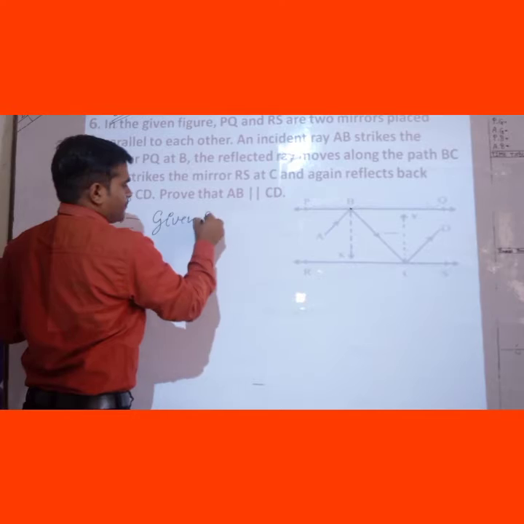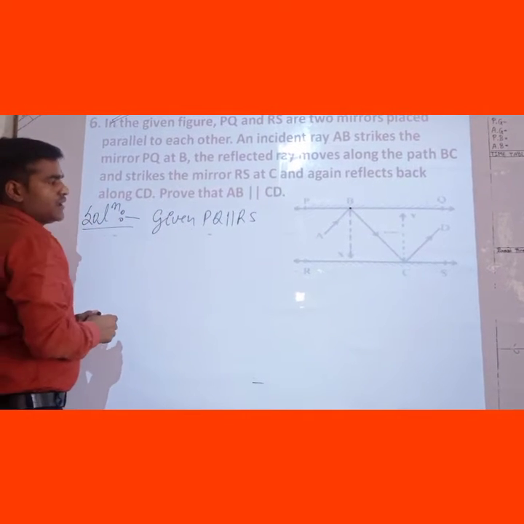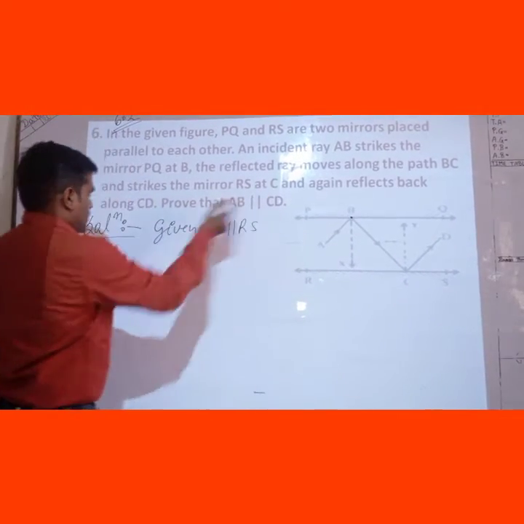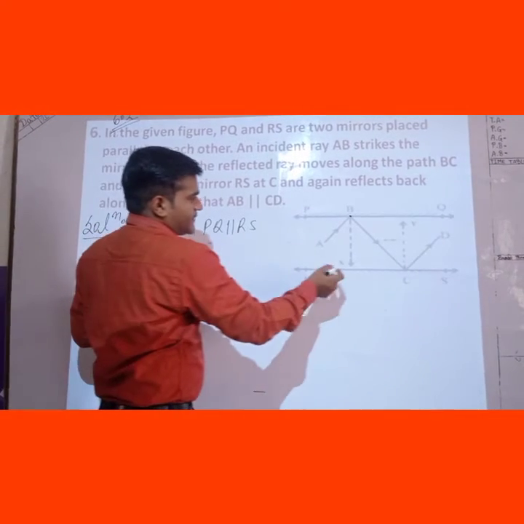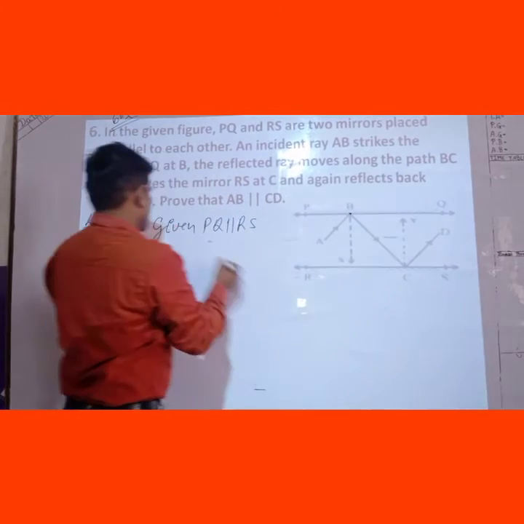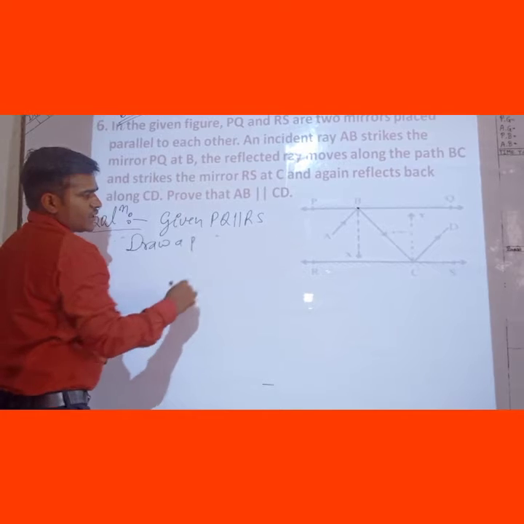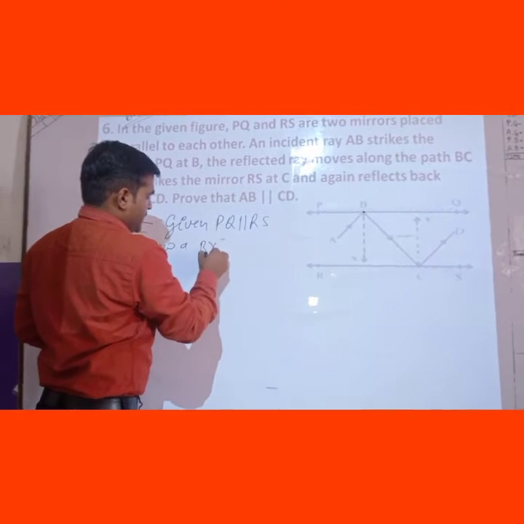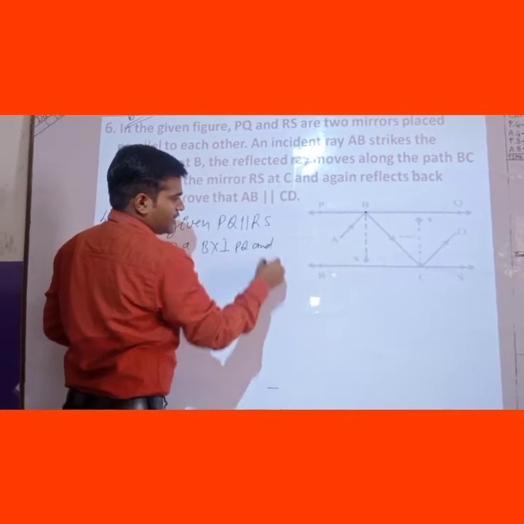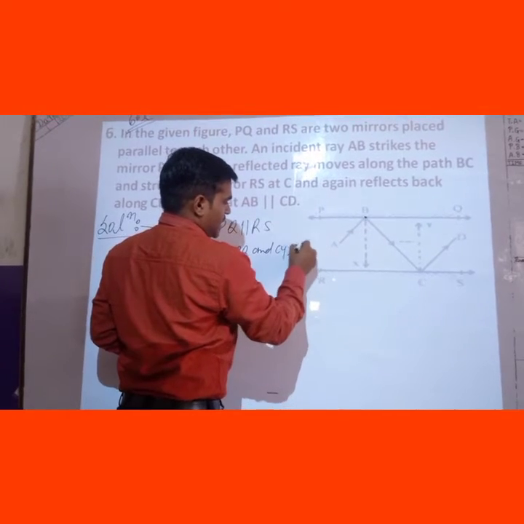Given that PQ is parallel to RS, and the incident ray is given. Now, what will we do? We draw a perpendicular at B and a perpendicular at C. So draw BX perpendicular to PQ and CY perpendicular to RS.